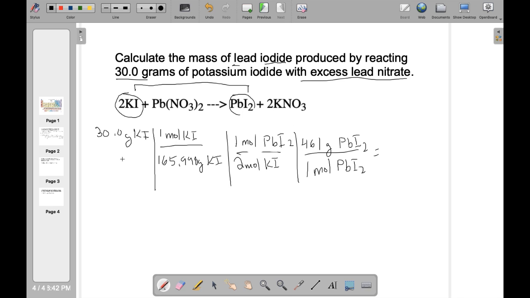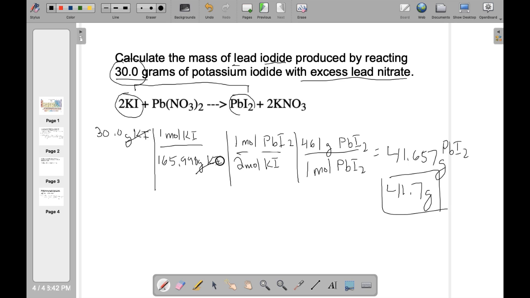So do the math. 30 divided by 165 divided by 2 times 461, and I'm going to end up with 41.657 grams of lead iodide. Yet again, I have 3 significant figures, so just round this to 41.7 grams, I guess.